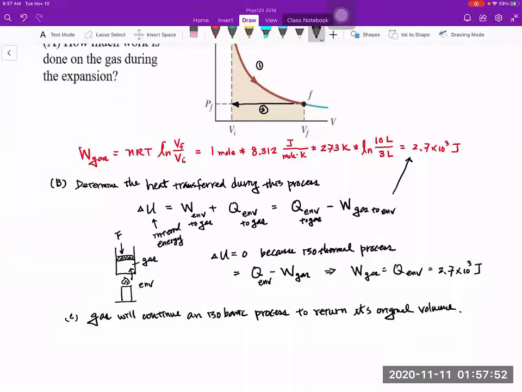If it goes through this isobaric process and returns to the original volume, then how much work is done by the gas?